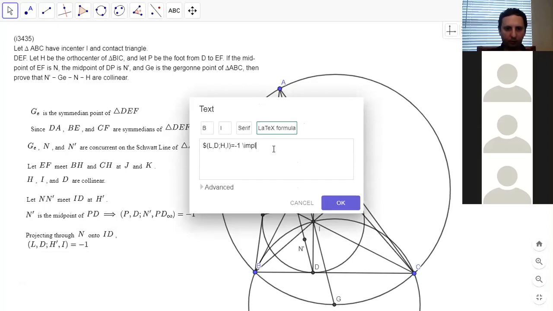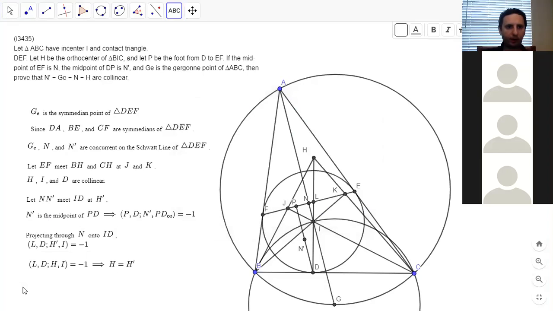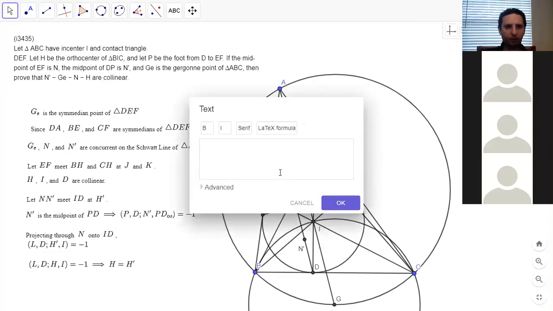That means that H equals H prime. So then we have N prime, GE, N, and H are collinear.